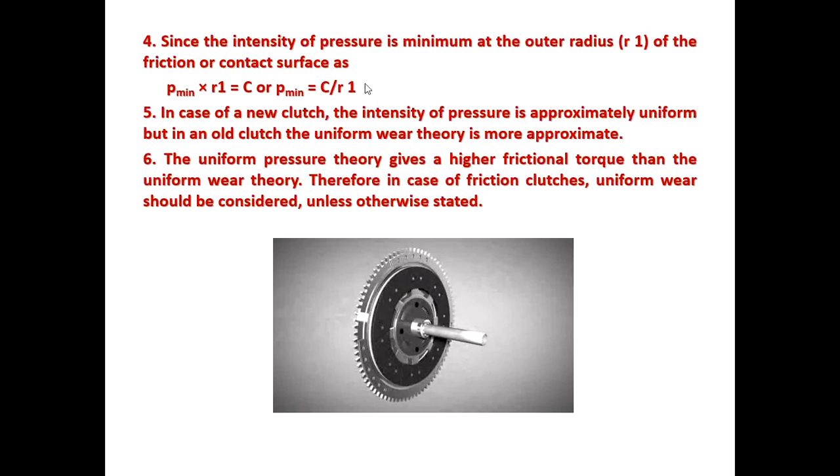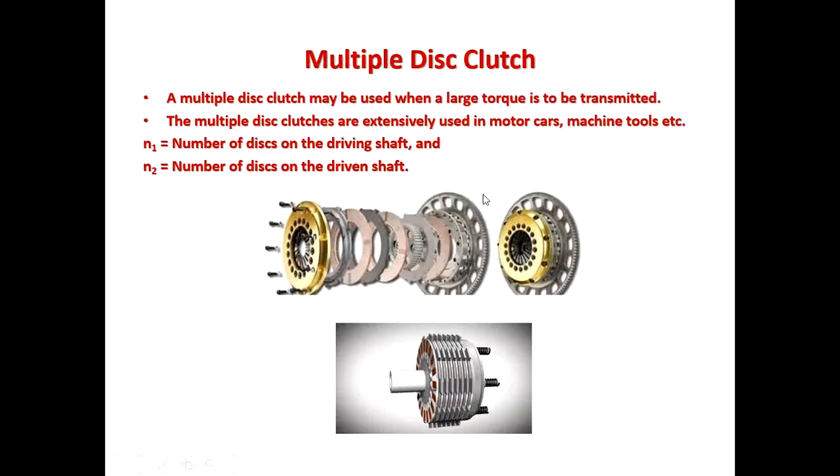Therefore, in case of friction clutches, uniform wear theory should be considered unless otherwise stated. Unless the problem statement says otherwise, we have to follow uniform wear theory for clutches.